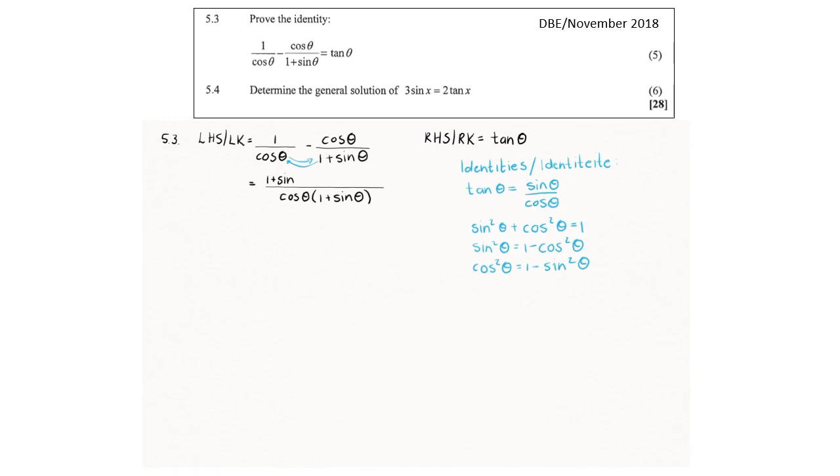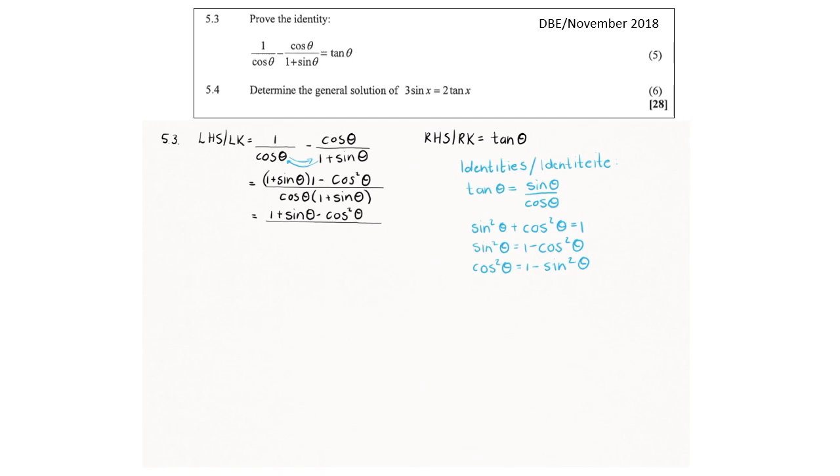Then, in the second fraction, we multiplied the denominator by cos theta, so we do the same with the numerator. And then we have negative cos theta times cos theta, and that equals negative cos squared theta. And now we have 1 plus sine theta minus cos squared theta in the numerator.